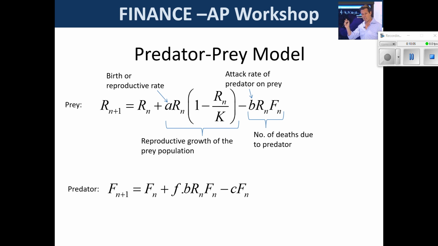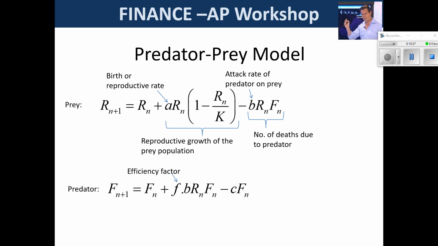Then if we look at the foxes, foxes are also quite simplified. We've got this change in the population over here. There's a growth component, there's a death component, and we say that nothing else is eating the foxes. How nice to be a fox, they're just dying of old age. So this F now is an efficiency factor.